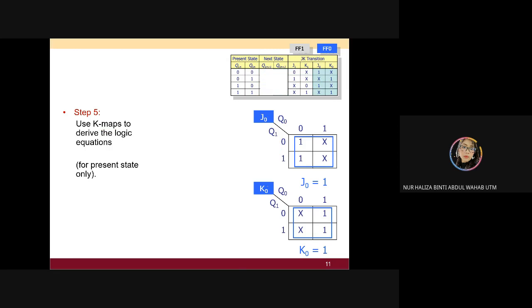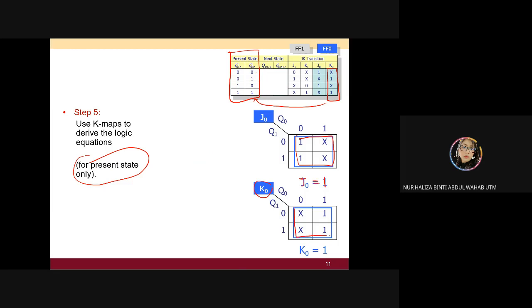Okay, next we have K0, referring to this output and refer to the input 0, 0, 0, 1, 1, 0, 1, 1 for the present state only. Then you're going to have it like this. You're going to see that if you have this condition for your K-map, then you're going to have J equal to 1.